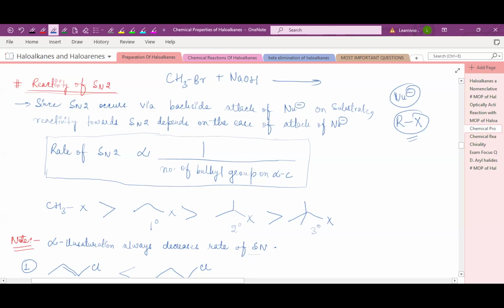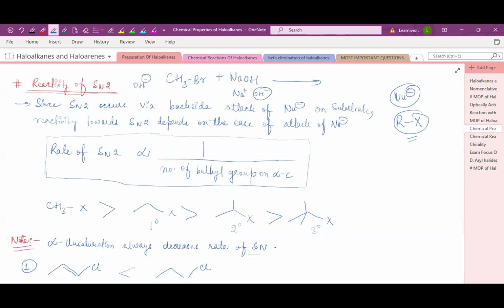So what happens in this case? When you are taking NaOH, it will dissociate to form Na plus and OH minus. So what is the nucleophile in this? OH minus, because this is electron rich. This nucleophilic substitution reaction, SN2 reaction, occurs in a single step.